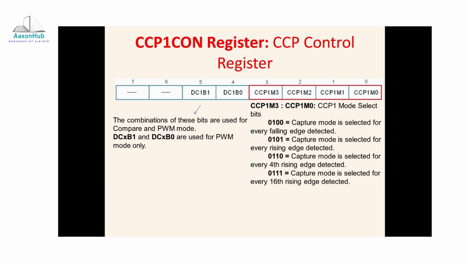Another control register is required. This control register is an 8-bit register. Out of that, the lower 4 bits are the mode select bits, as I am repeatedly telling you. Based upon that, if you place all 4 bits as 0, 1, 0, 0, it will enter capture mode at every falling edge detected.